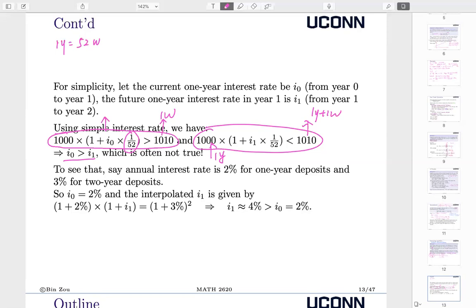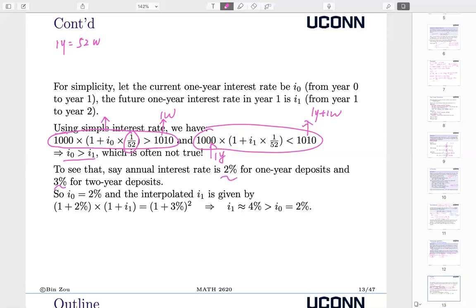To see this, assume the annual interest rate is 2% for a 1 year deposit and 3% for a 2 year deposit. Here I already add the incentive that longer deposits get a higher interest rate.